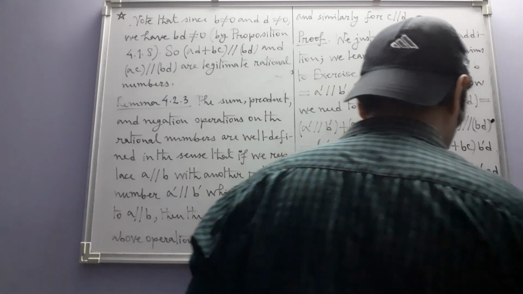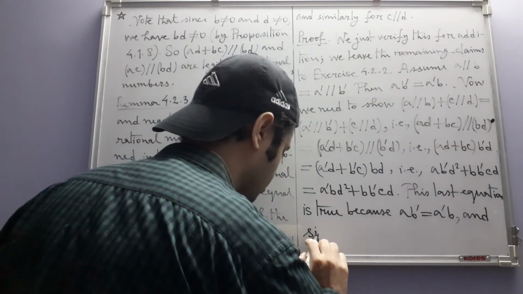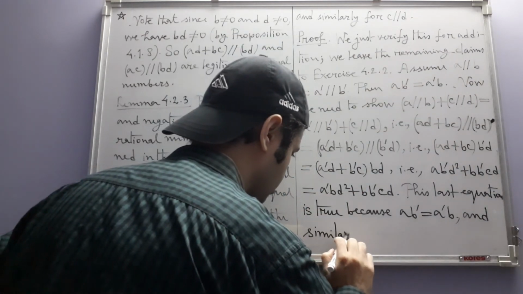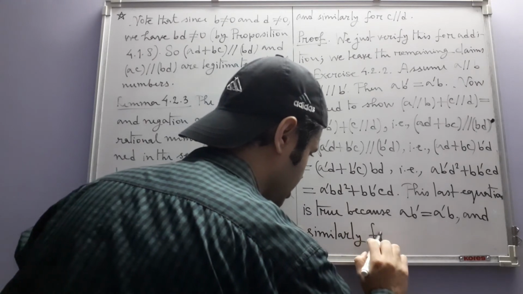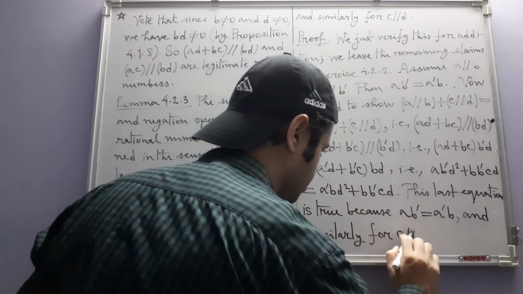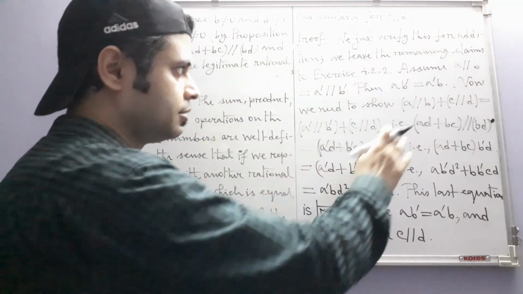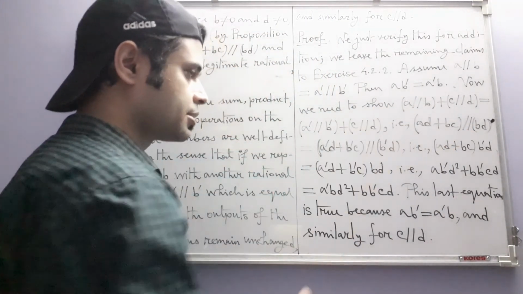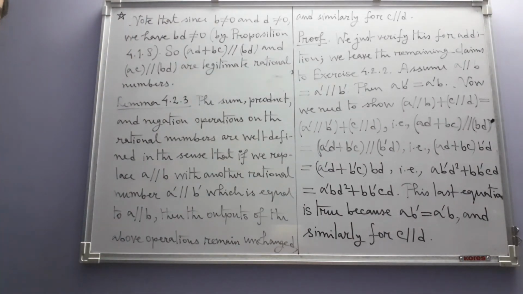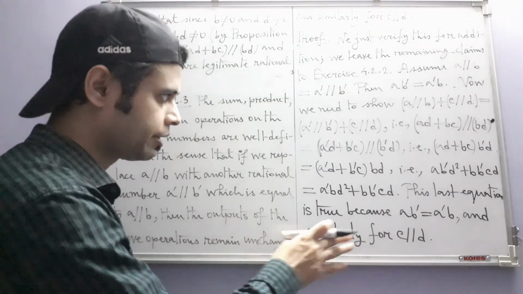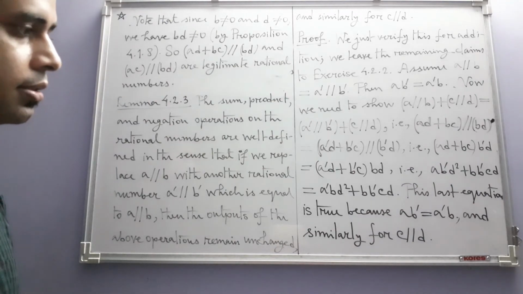And similarly for C by D, if instead of this side, if someone replaced C by D with an equal rational number, then also addition will not be affected.